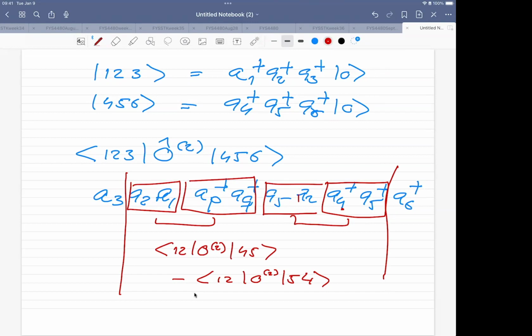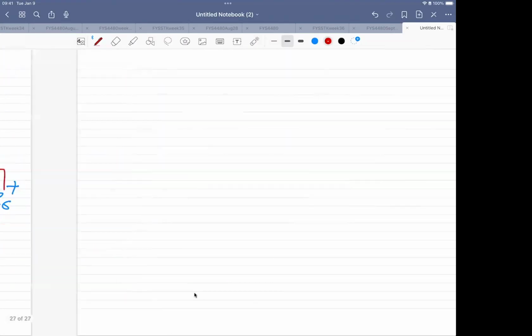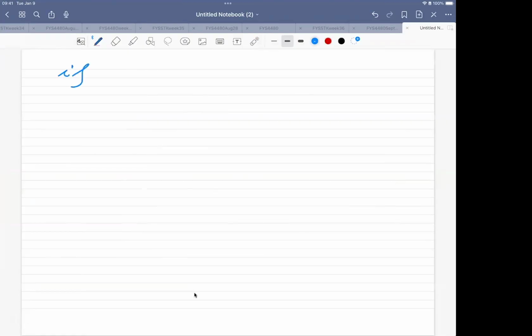Condon-Slater rule. We looked at it for a one-body operator, but if you now look at this, you see that this requires that we have delta 3 6. So what you can say now is, if a Slater determinant differs on the ket side and the bra side, this is automatically equal to 0. So what we can do now is to sum this.